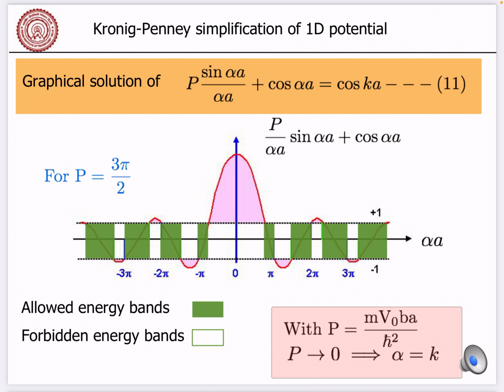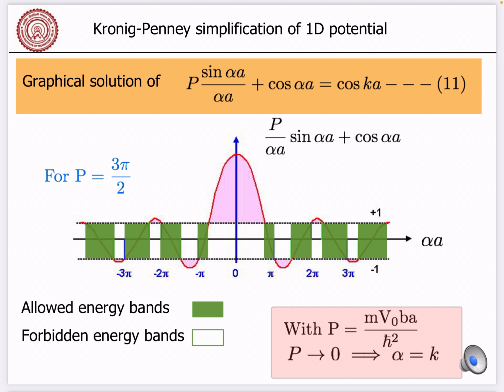This part is the solution for equation number 11. Therefore these are the allowed values, and these allowed values form bands. There are a number of energy states within this green rectangle.